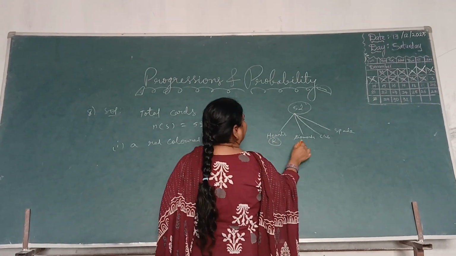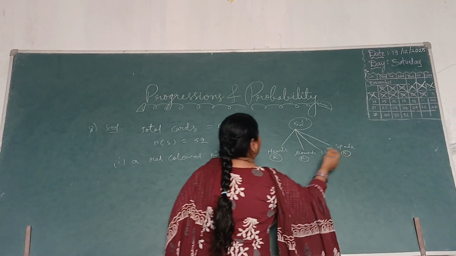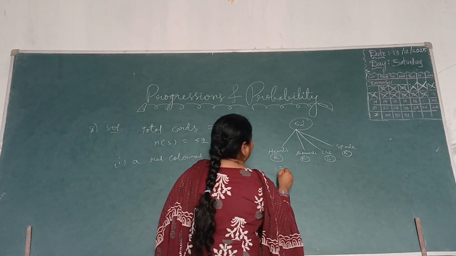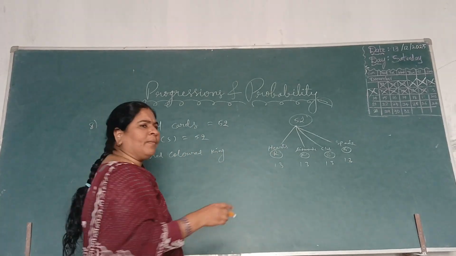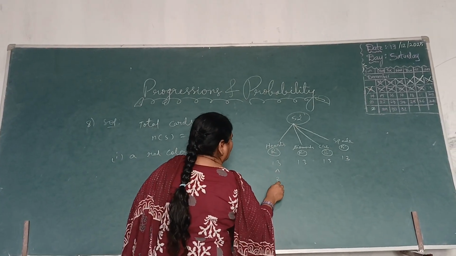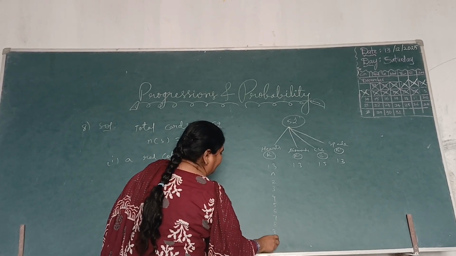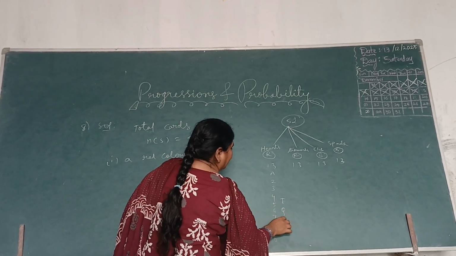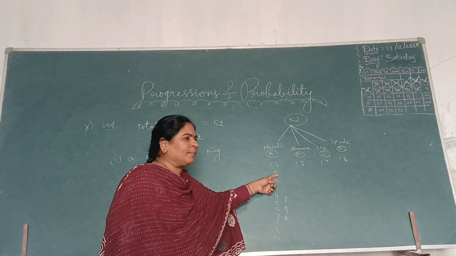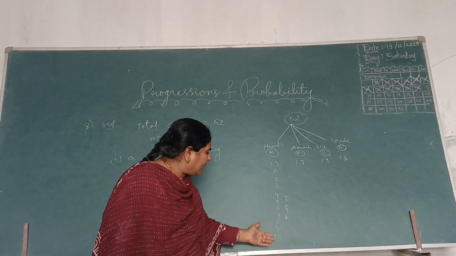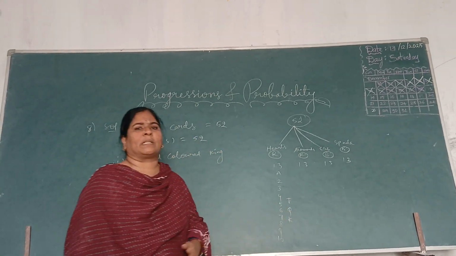These 2 are red color, and club and spade are black color. All the 4 will have 13 each. In those 13 we will have A, 2, 3, 4, 5, 6, 7, 8, 9, 10, Jack, Queen, King. This is called ace, and these 2 to 10 are numbered cards. Jack, Queen, King are face cards.